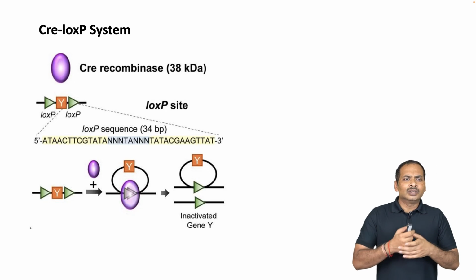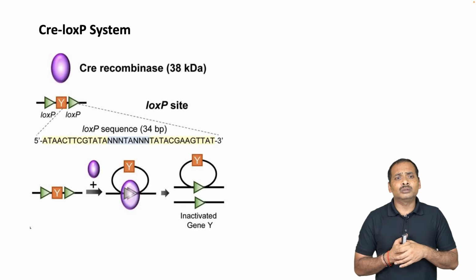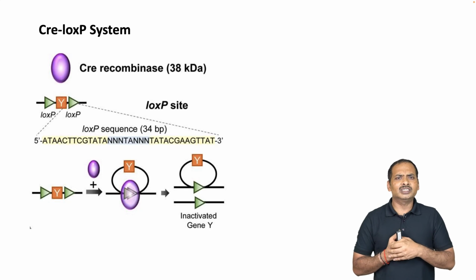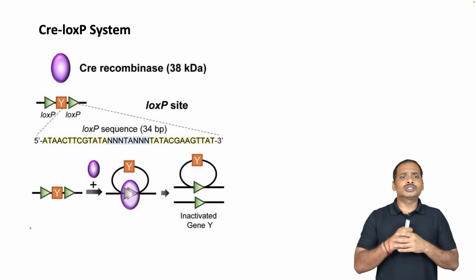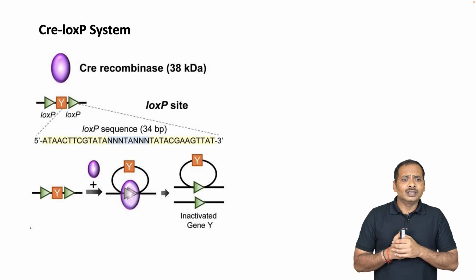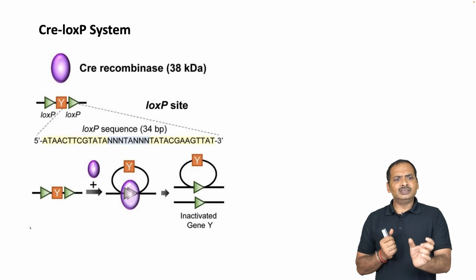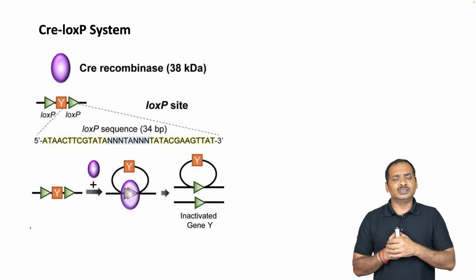So this is a Cre, and Cre is basically a recombinase which is a very small protein, 38 kilodalton, and this is a LOXP site. It's 34 base pairs. You can see that there is a palindromic sequence, and then there is an intervening sequence.